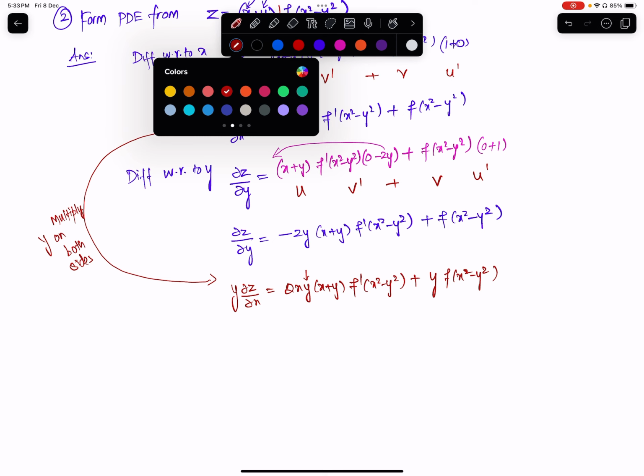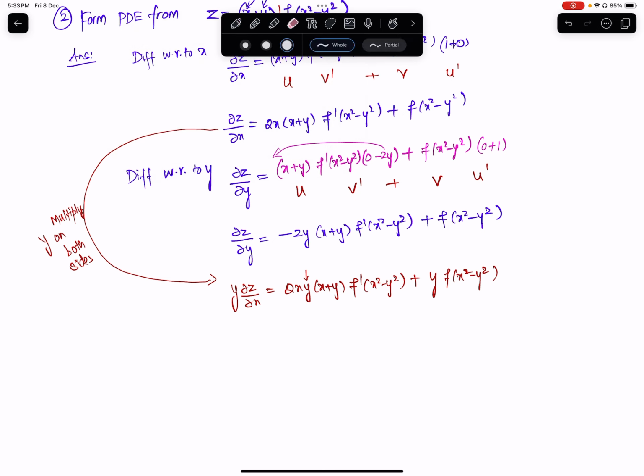Okay, so after that, I take this equation and I multiply x on both sides.